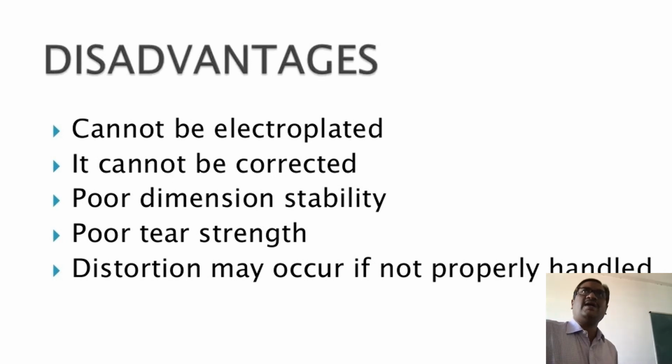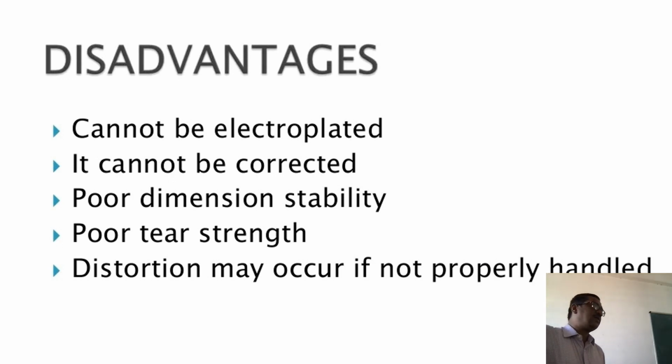If it is not handled properly, the dimensional stability is not good. You are supposed to take care of syneresis and imbibition, then only will there be dimensional stability. It has a poor tear strength as compared to elastomeric impression materials.